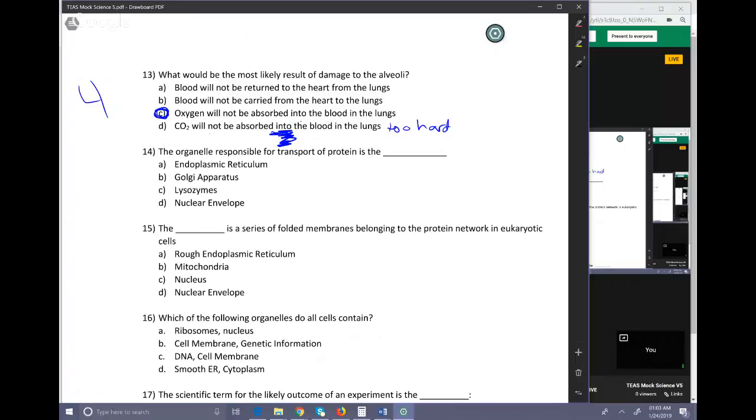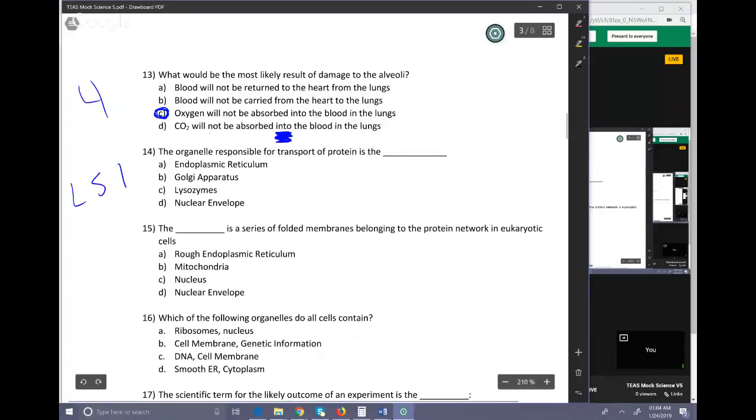CO2 would need to go into the alveoli out of the blood. So the word into is what's wrong with D. If you had D or C, you nailed it. You're fine. If you had A or B, you're trying to think way too big picture. You're not picturing the function of the alveoli. If you had D, hopefully the word into is now standing out to you and you see that. But if you had either of those second two, you got the point that I was trying to make.